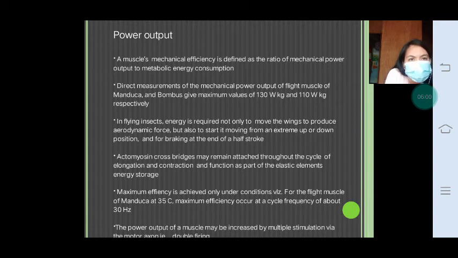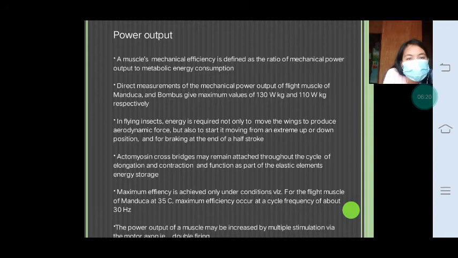Direct measurement of the mechanical power output of flight muscle of Manduca and Bombus give maximum values of 130 W/kg and 110 W/kg respectively.